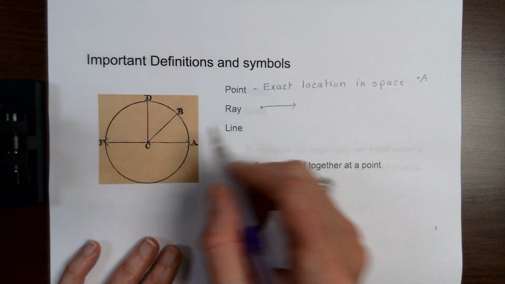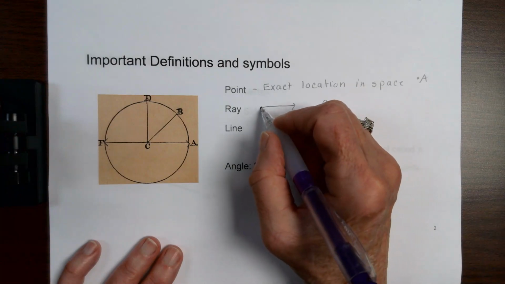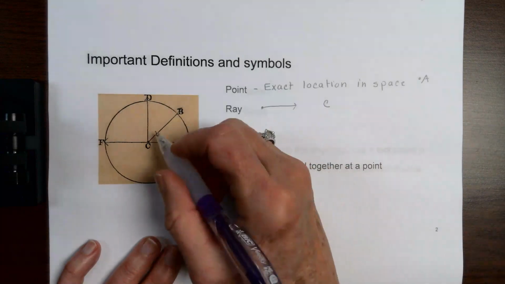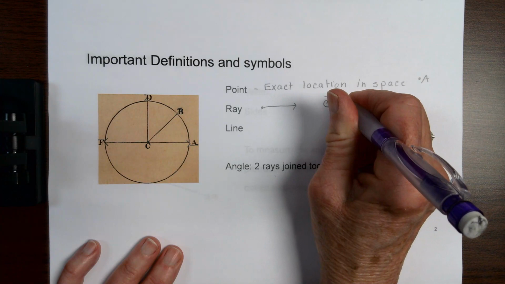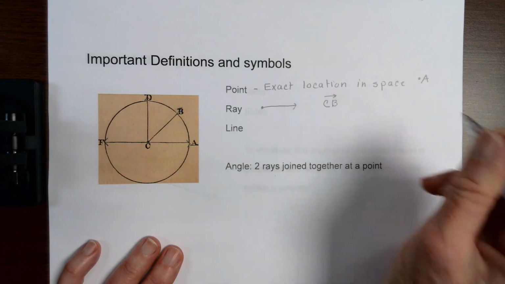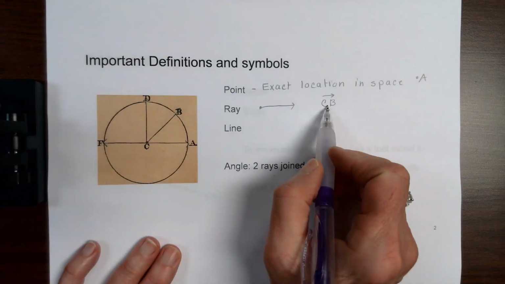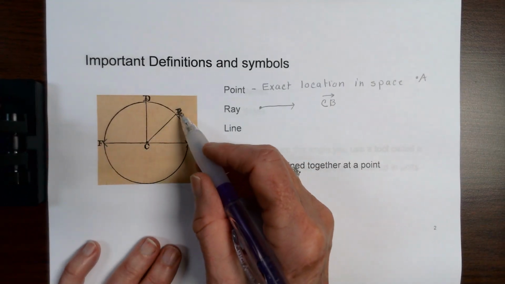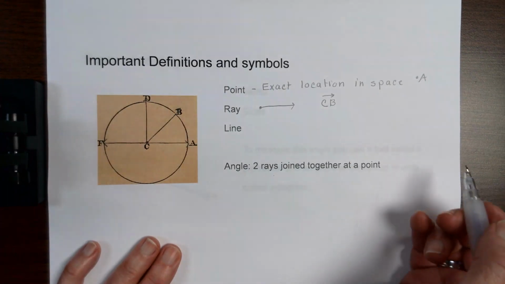It always starts, when you name it, by its vertex or the point that it starts at, the exact location. So if I said ray CB, I would write CB and I would write a line over top of it to show that it's a ray, that it starts at C and it continues through B. There's an arrow at the end there to show it goes on forever.